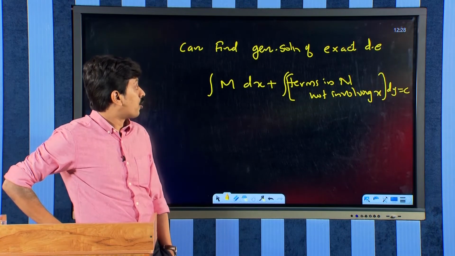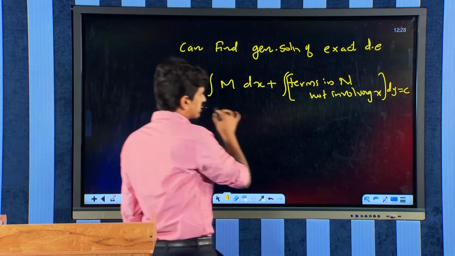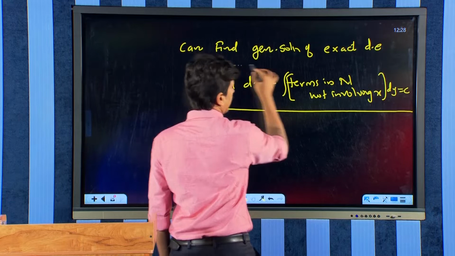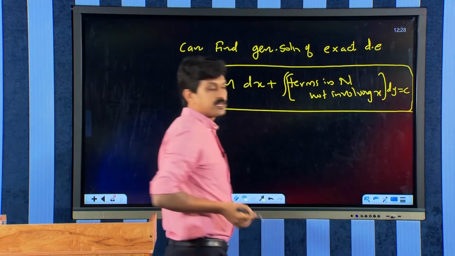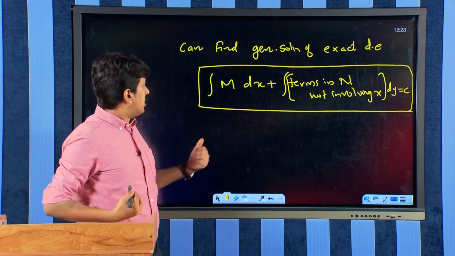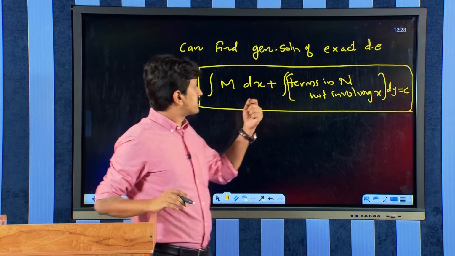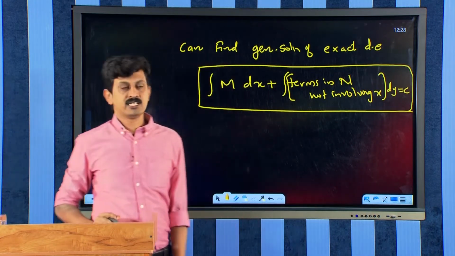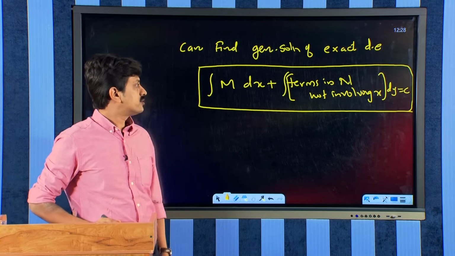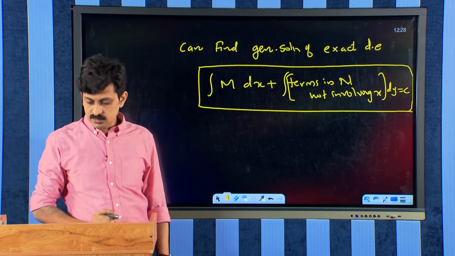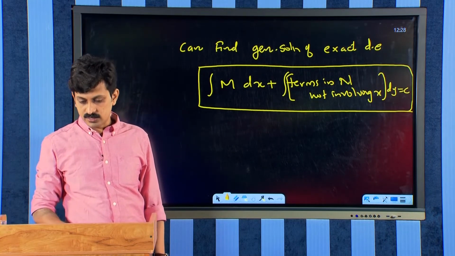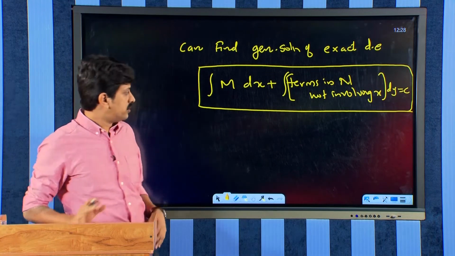I am presenting this new formula and would like to do a question, and we can compare, no problem. See, integral of m dx plus terms in n not involving x into dy is equal to c. We can start with the first question that we did just before.